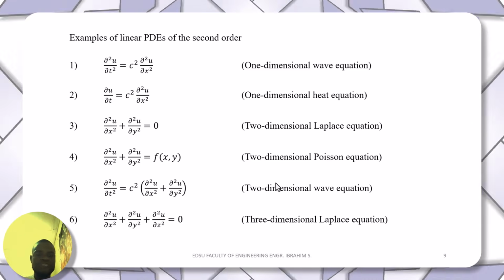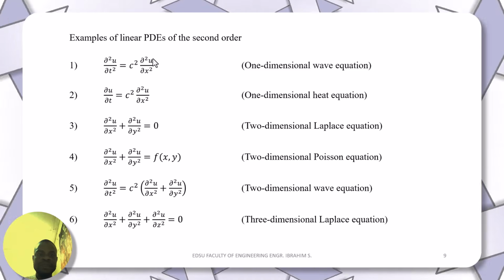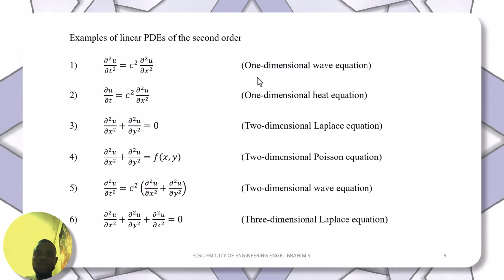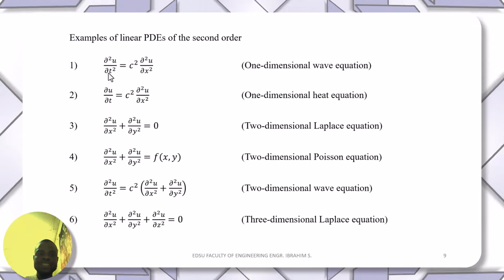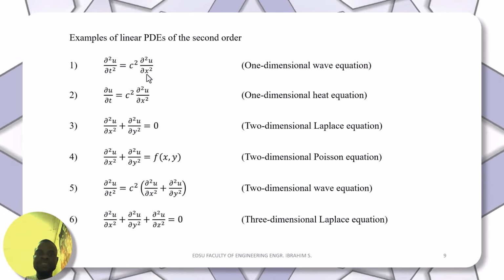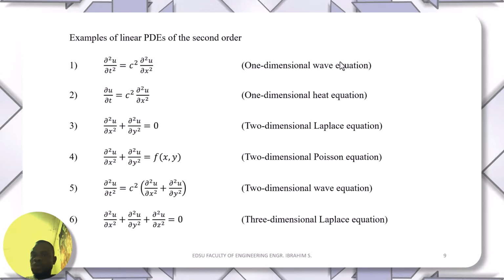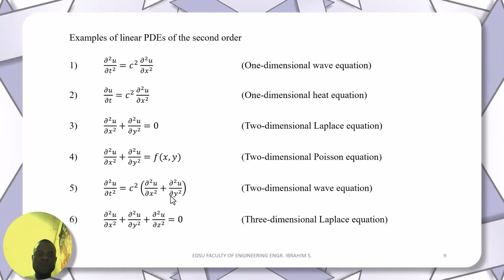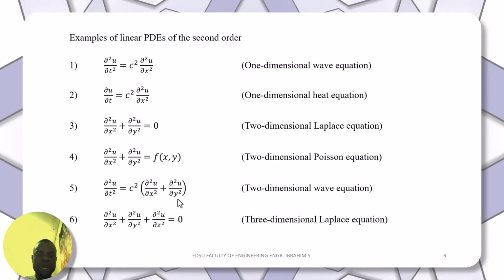Don't forget we mentioned a wave equation before, which is this. For this wave equation, we call it the one-dimensional wave equation. It has only u with respect to t, then u with respect to x. There's no y. That's why it's called one-dimensional. But the two-dimensional one has x and also y.